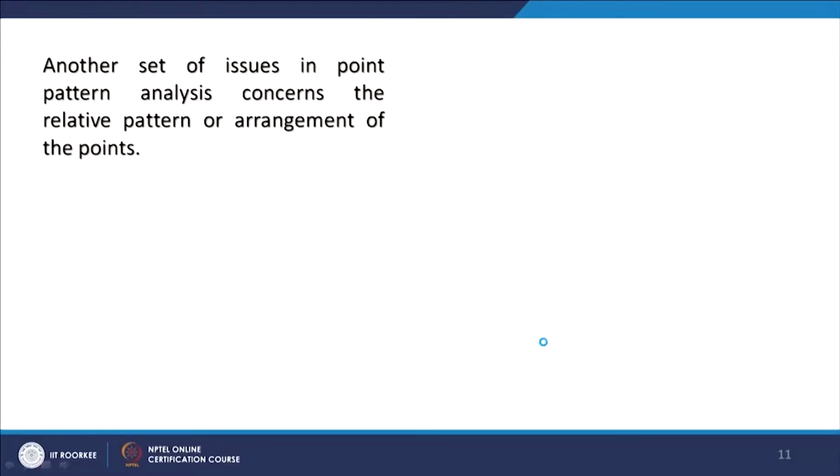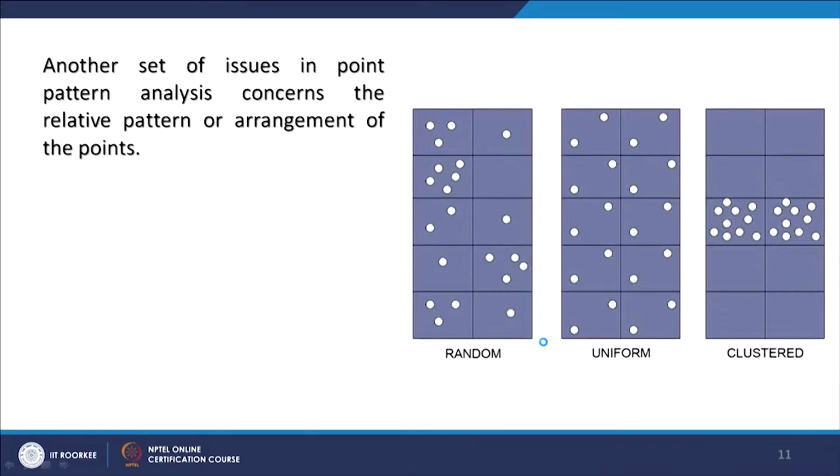Another issue which can be solved using point pattern analysis concerns the relative pattern or arrangement of points. For example, here the same number of points are taken in all three examples in this schematic. The first one is random points, showing how randomly they are distributed. This one is uniform, meaning each box has 2 points and everything is fixed, so you can say it is an organized distribution.